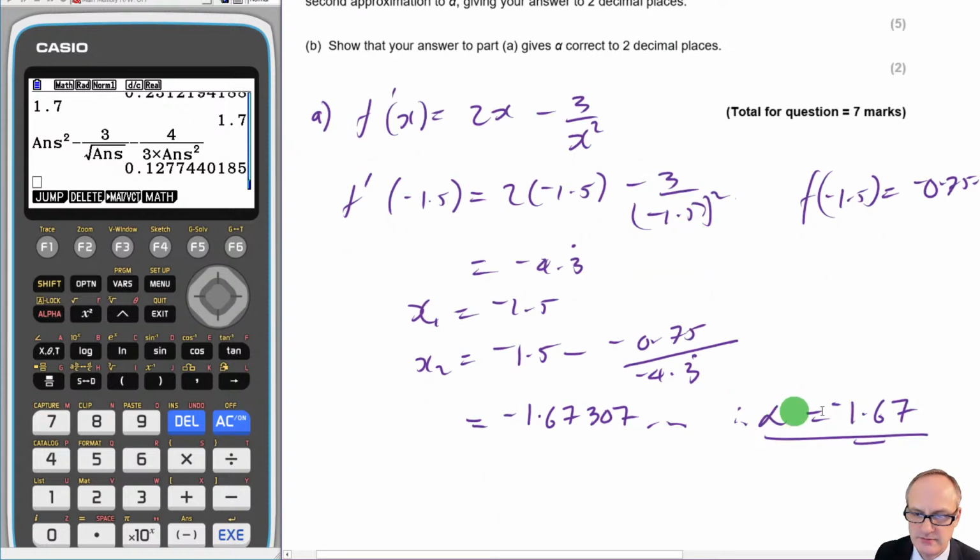Show that our answer to part A gives alpha correct to 2 decimal places. Now what we need to do, remember, we need to look at the upper bound and the lower bound of this. So we go to the next place and go 5 up and 5 down. So if we do f of -1.675, that's the upper bound, we're going to get 0.0145.